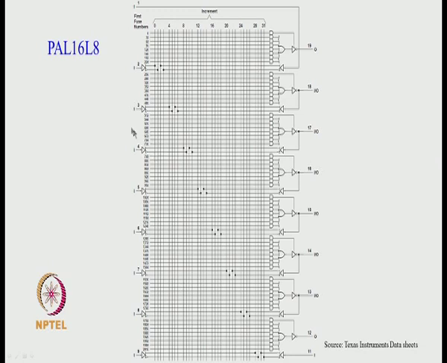Depending on your PCB design, if it was not convenient to bring A here, maybe it was convenient to bring A there, it doesn't matter, you connect it there because you could program it appropriately. So you could connect the various inputs and various outputs, and depending on your need you program the number of AND gates and the product terms.